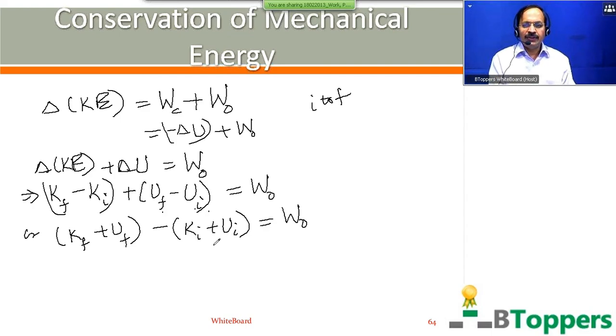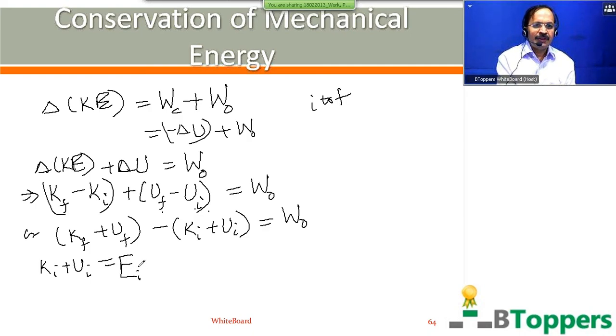The sum of the kinetic energy and potential energy of a system is called the total mechanical energy of the system. So KI plus UI will be denoted by EI, capital E subscript I, which represents the total mechanical energy of the system, shortly written as TME.